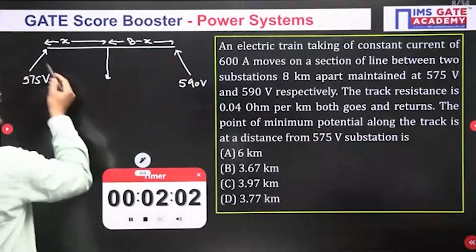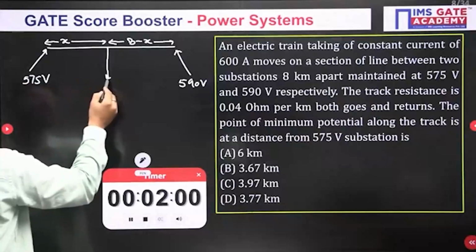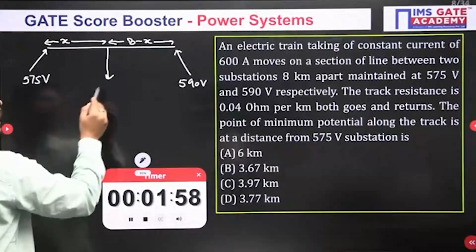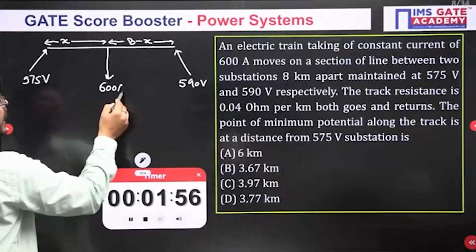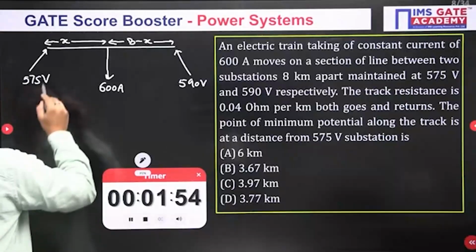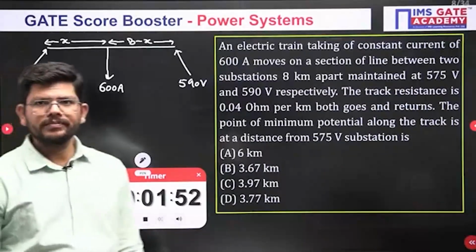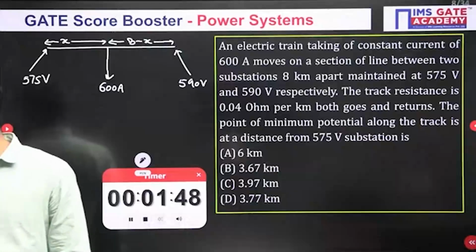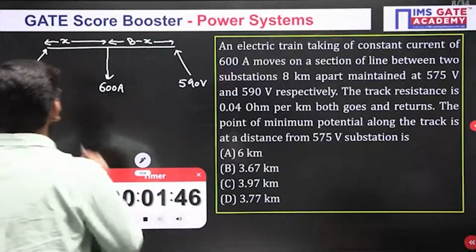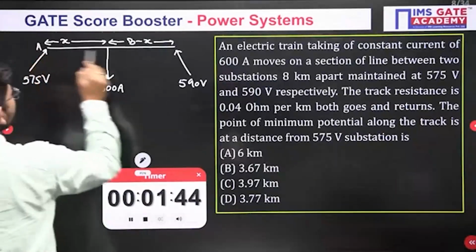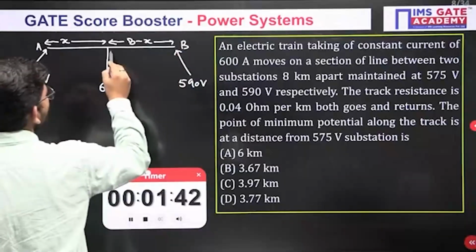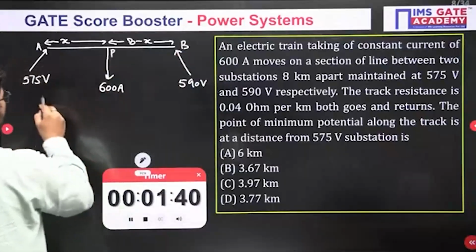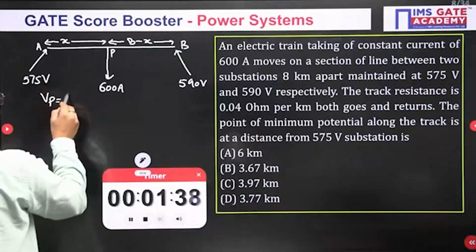So the train is at x kilometer from the 575 volt line, and it is drawing 600 amperes. So this is what is given to us. Now I hope you can solve this question. Let me call this point A, this point B, and this point P. What you have to find is the Vp voltage.